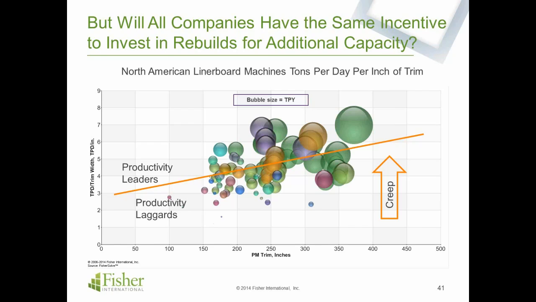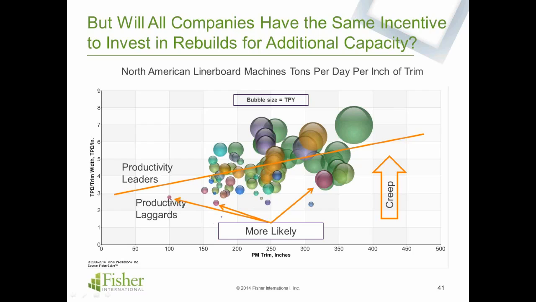Again, same chart, but now I've colored the bubbles just by the company who owns the machine. So all these green machines are owned by the same company. If I own these green machines down here, do I have the same incentive to increase the productivity and increase the supply of product in my marketplace? Perhaps not. But if I'm this guy and I own one of these three machines, I don't have any machines that are productivity leaders.